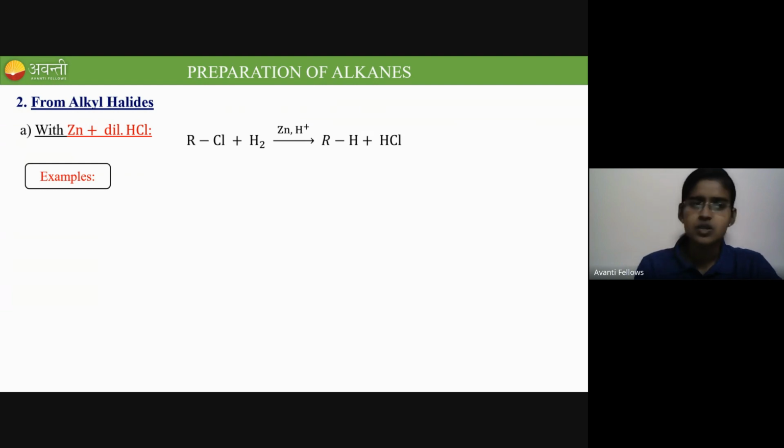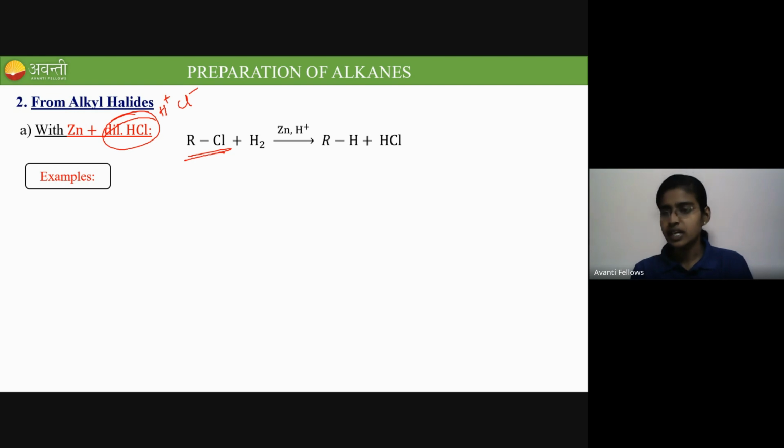Zinc is the catalyst here, and the acid contains H plus ion, right? It is H plus and Cl minus. You can see an alkyl halide is taken here. The R group is an alkyl group and Cl is the halogen. Fluorine, chlorine, bromine, iodine are halogens, and among those, chlorine is taken here. The R group is alkyl. You all know what alkyl is, right? Methyl, ethyl, propyl are alkyl groups.